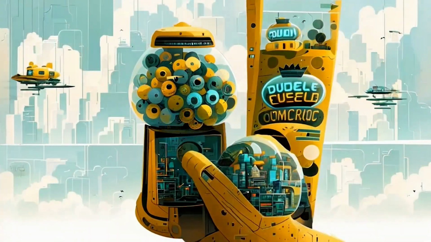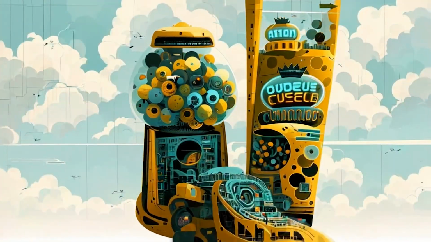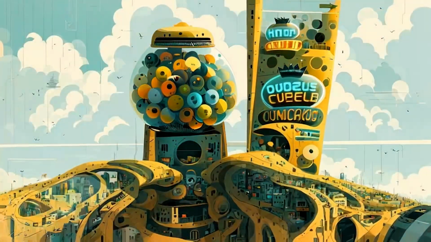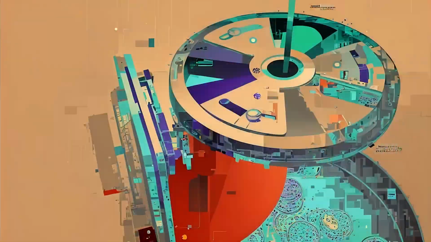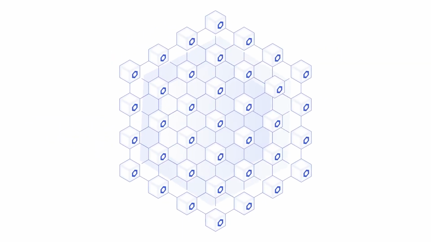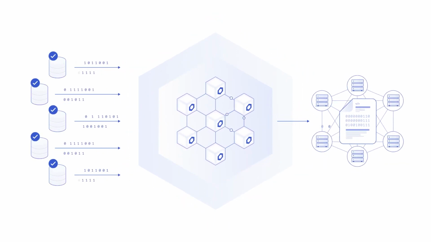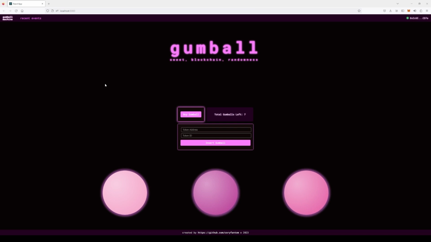So this way we have a fungible coin that can be used to purchase the gumballs, or in this case, ERC-721 tokens. And then the random dispensing mechanism, which we will power with a VRF, which is a verifiable random function. In this case, we'll use Chainlink VRF, and that will provide us with a decentralized oracle that gives us verifiable randomness. So yeah, let's get started and jump into this.